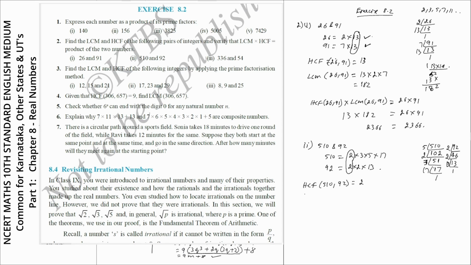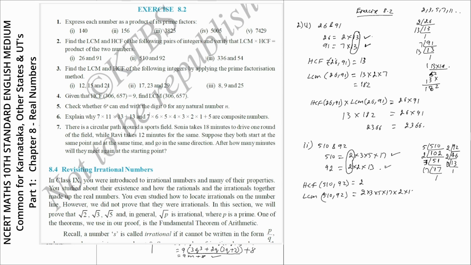Now what is the LCM? The highest common factor is 2, then apart from 2, what is left here? 3 is left, 5 is left, and 17 is left. In the next row, apart from the common factor, 2 is left and 13 is left.